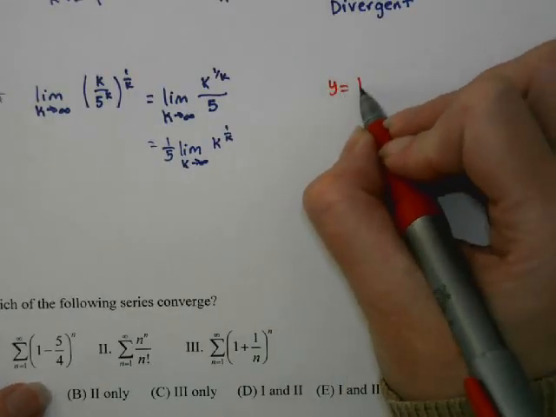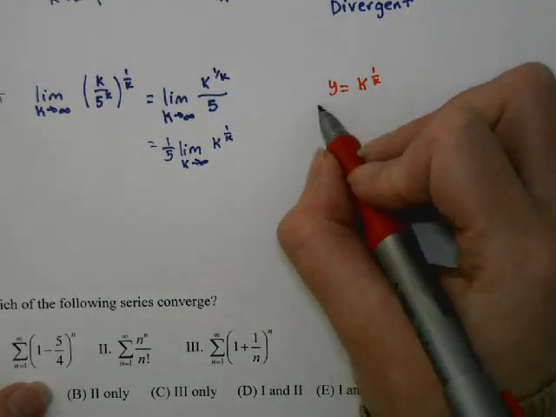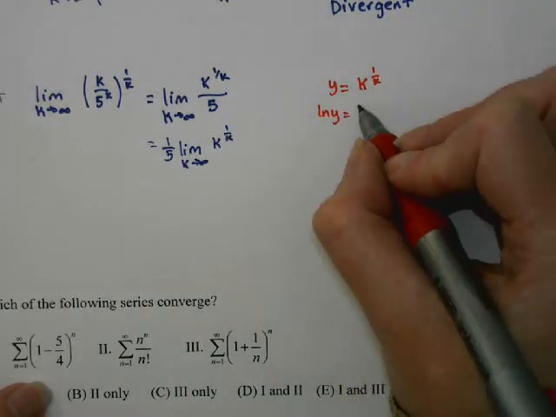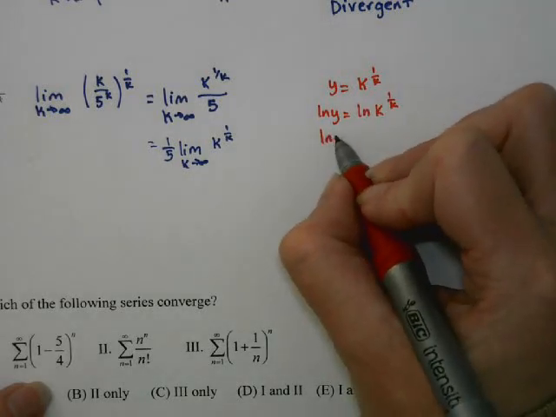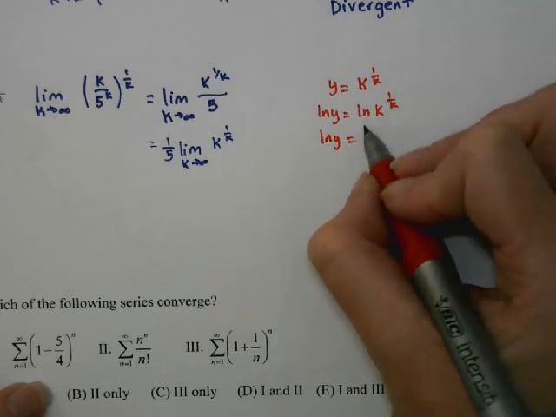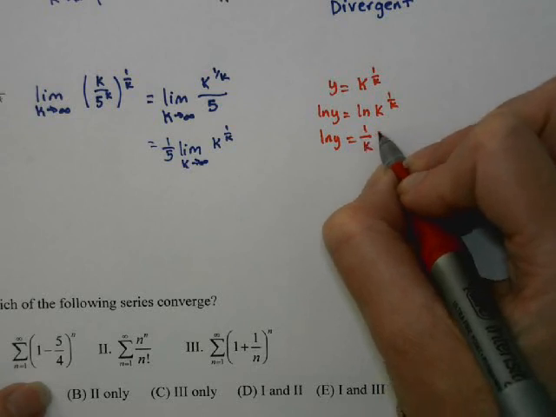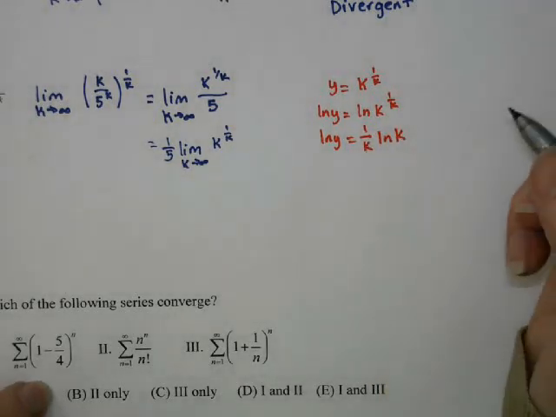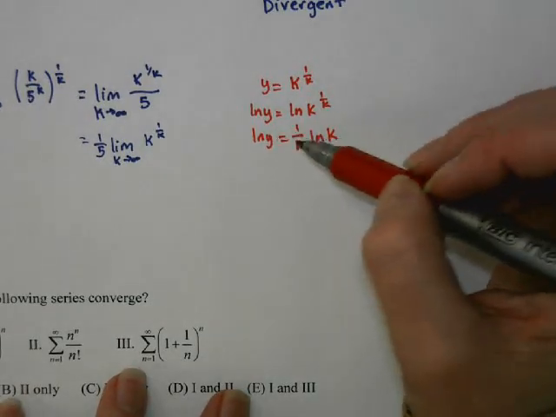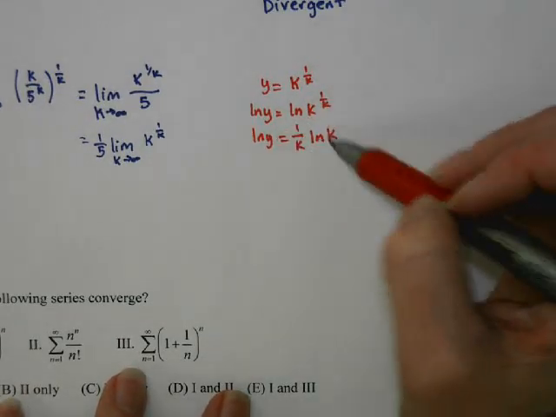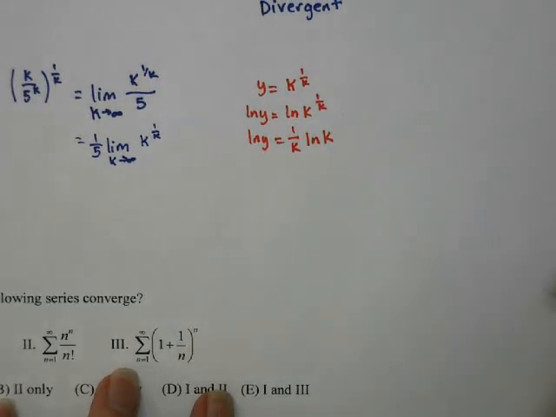So I'm going to let y equal k to the 1 over k. Then I'm going to take the natural log, because what that allows me to do is pull this down. Okay, so how does that help me? Well, we're trying to find the limit as this goes to infinity, and then I can transfer that to k to the 1 over k.